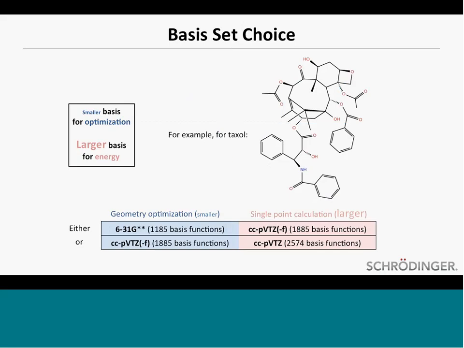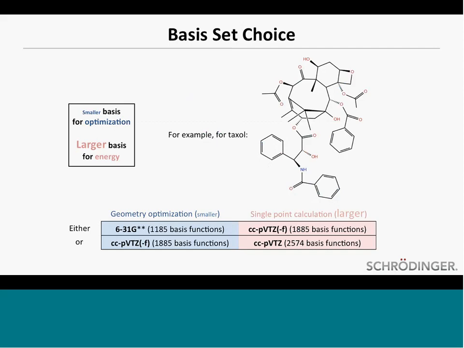So let's take, again, another big, scary macromolecular looking structure, in this case, Taxol. So in this case, what you may wish to do is run your geometry optimization using, let's say, 6-31G**, and then once that is completed, transitioning to a larger basis set, let's say the Dunning cc-pVTZ(-f) basis.